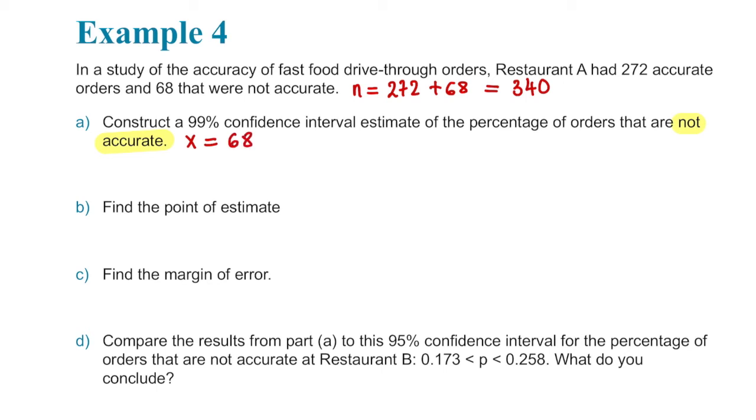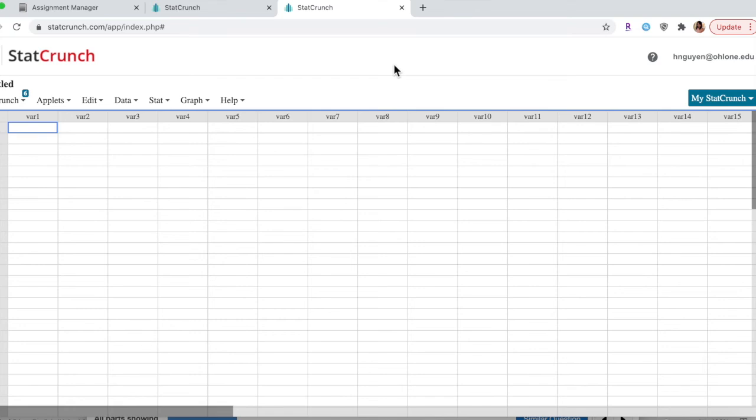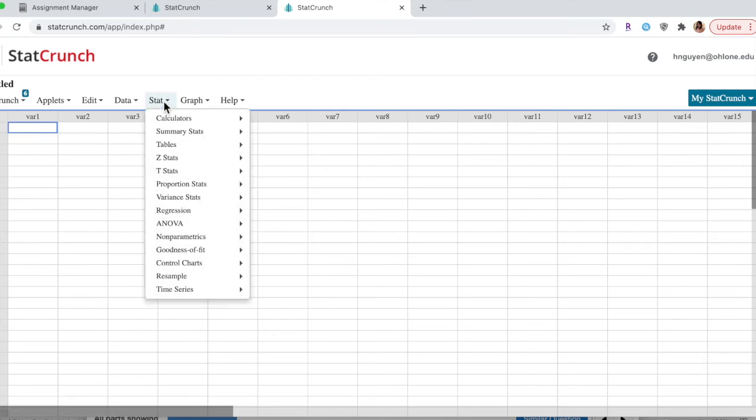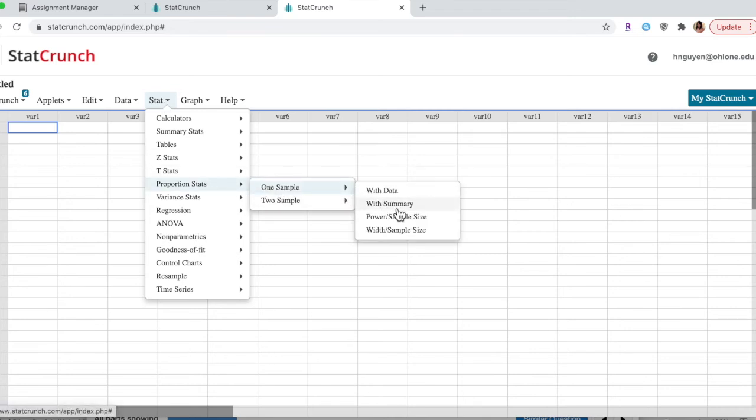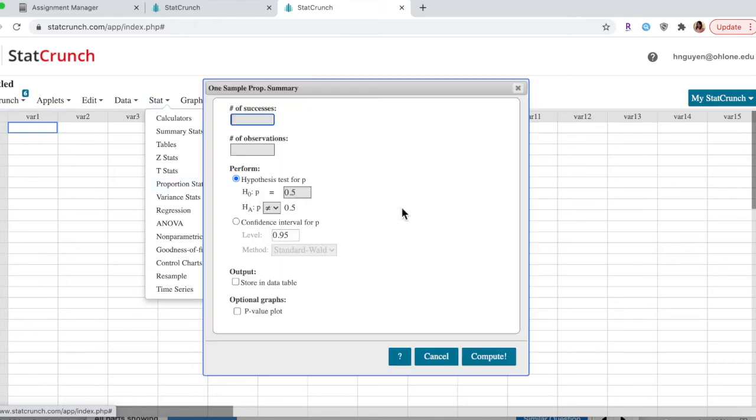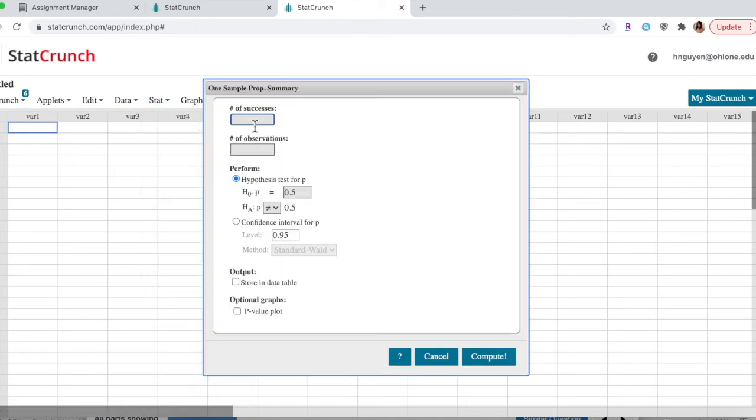I am going to use StatCrunch to find my confidence interval. To find the confidence interval for proportion on StatCrunch, we are going to click on Stat, Proportion Stats, One Sample with Summary. The number of successes is my x, which is 68 in this case. The number of observations is my n, which is 340.